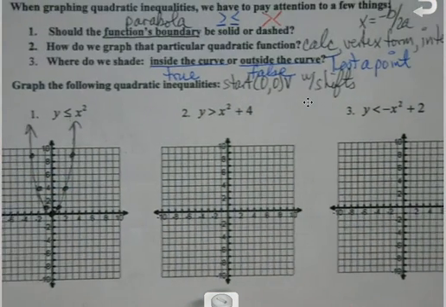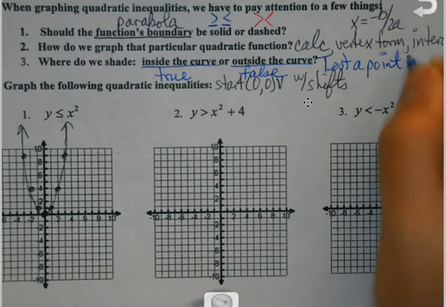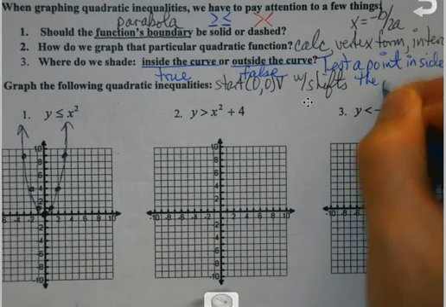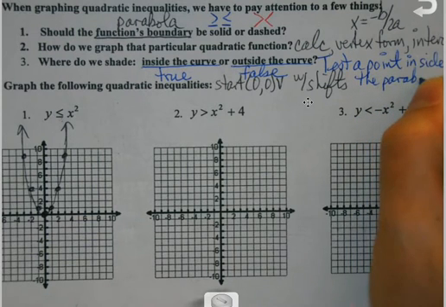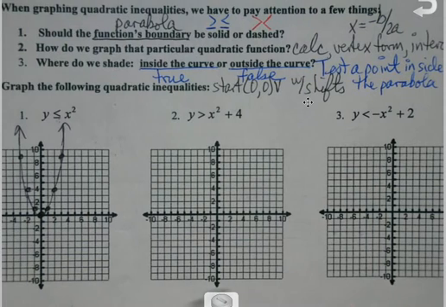Okay? And let me add one more thing to my test a point. Inside the parabola. And that's what we're to right now. We're going to attempt, once we get our parabola graphed, to test a point to see: do I shade inside or do I shade outside?